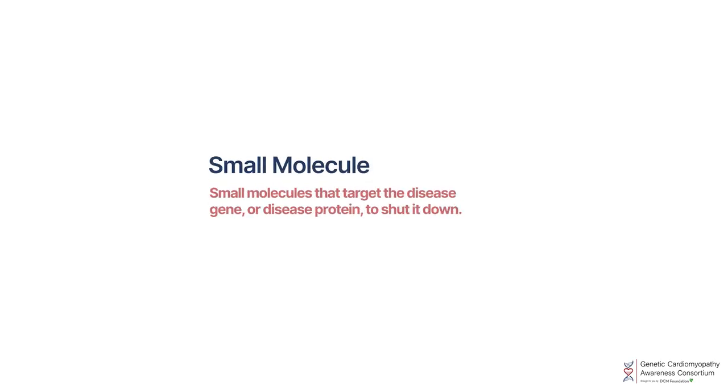That's also part of the armamentarium that we're deploying against this disease. There are small molecules that target the disease gene to shut it down, or target the diseased protein, the phospholamban mutation, that's also being tested.